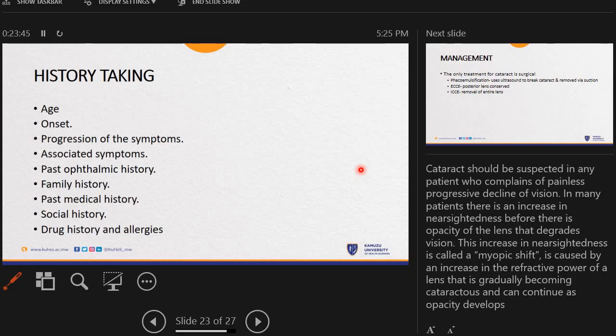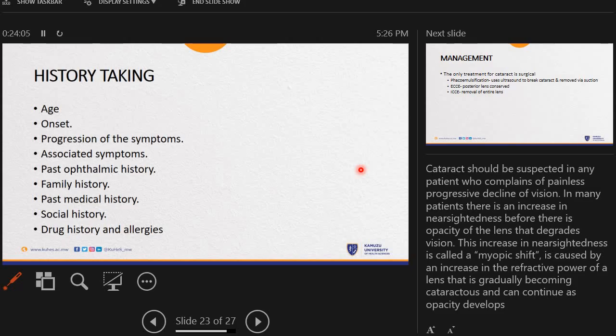We learned that with old age, a patient can develop presbyopia, where you have difficulty with near vision, but you can see distant. Your distant vision is actually normal. So mostly they struggle with reading maybe small print in a book.